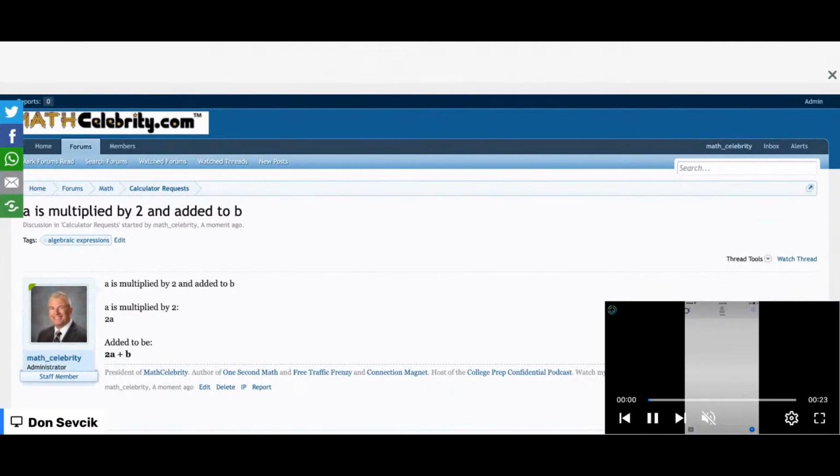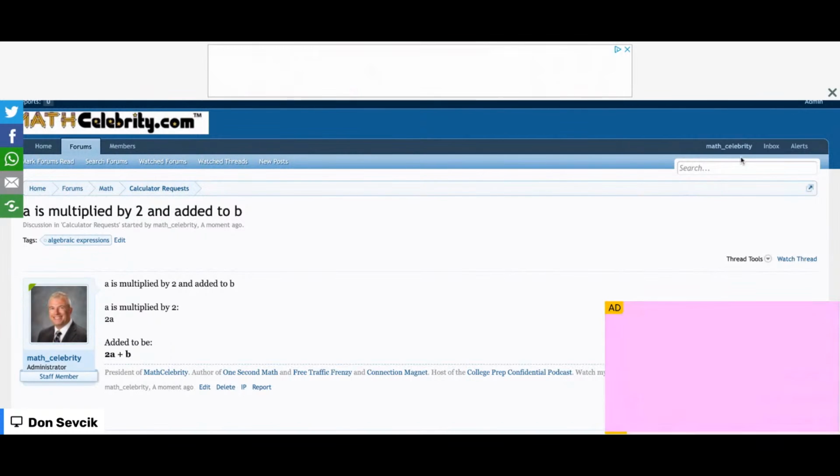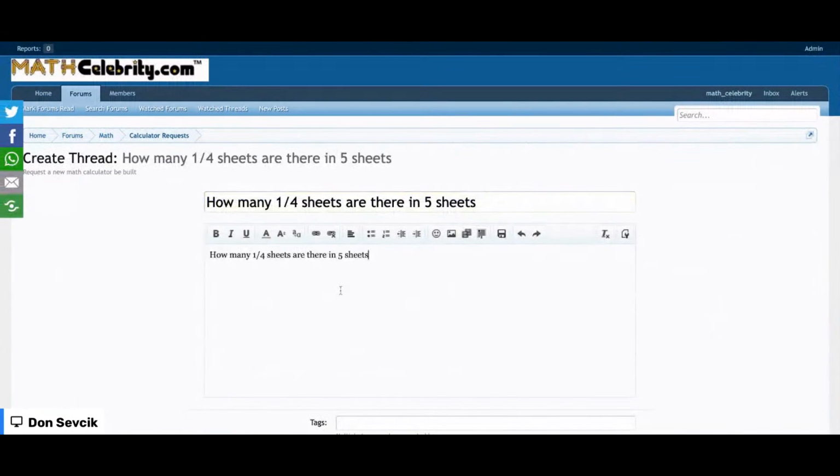Let's do a fraction one. We got, how many 1/4 sheets are there in 5 sheets? We can say we divide 5 sheets by 1/4 sheets. 5 divided by 1/4. However, when we divide by a fraction, it's the same as multiplying by the reciprocal of the fraction.